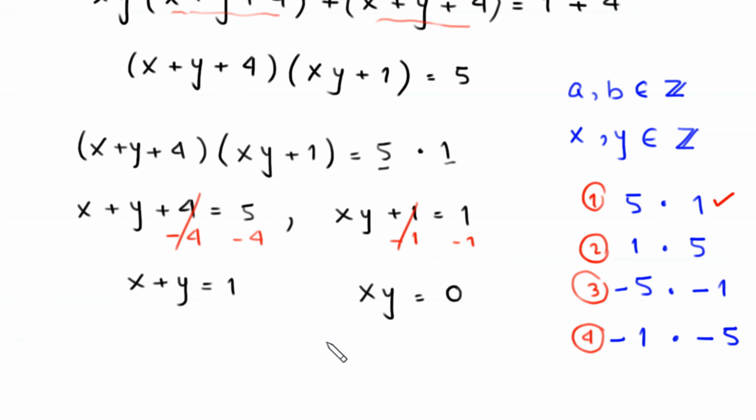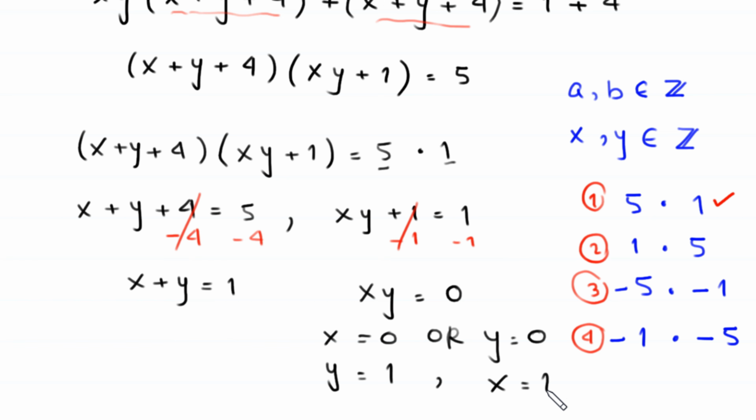And from here, either x is equal to 0 or y is equal to 0. And from this equation, when x is 0, then y will be equal to 1. And when y is 0, then from this equation we notice that x will be equal to 1.